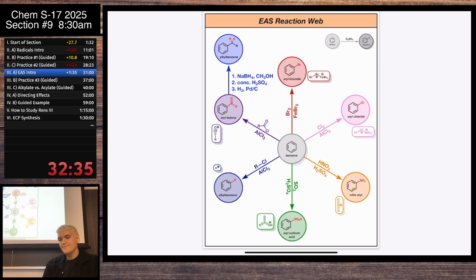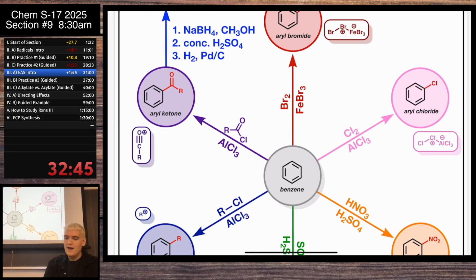So, bromination or chlorination, we just need to add our Lewis acid with FeBr3, AlCl3. The mnemonic of doing iron with bromine that I remember is, bruh, I need to lift iron at the gym. Bruh.